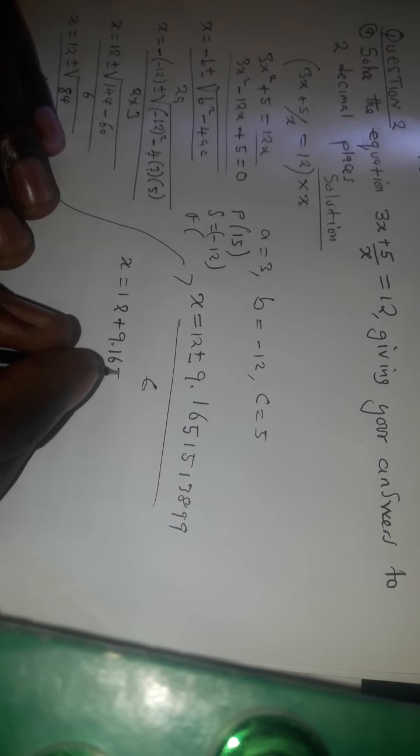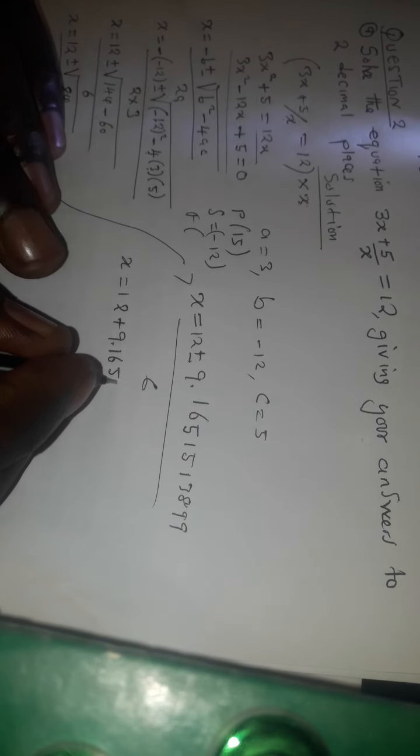We are going to have 12 plus 9.1651513899 over 6. And when we simplify this on our calculator, the value of x should be equal to 3.53 to 2 decimal places as indicated in the question.